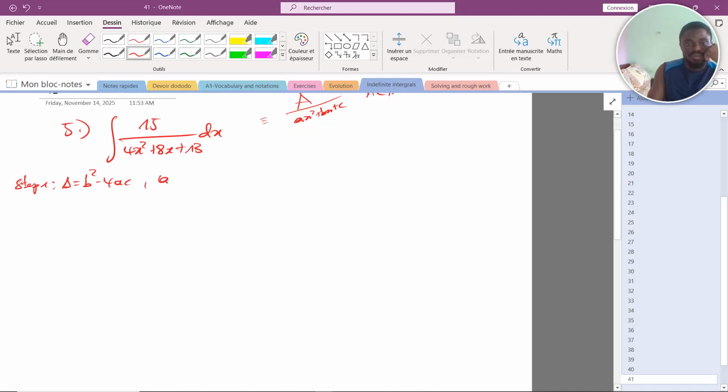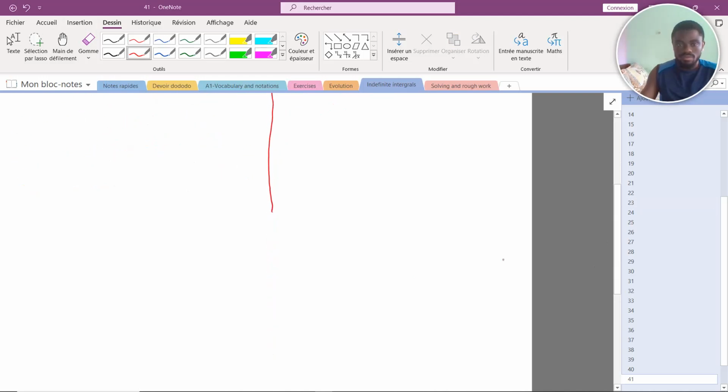Our a here is equal to 4, our b is equal to 8, and our c is equal to 13. Let me divide the page into 2 to really exploit this space.